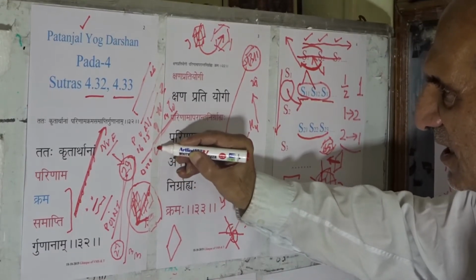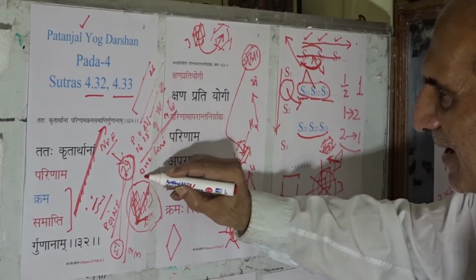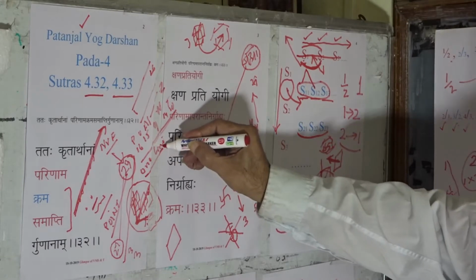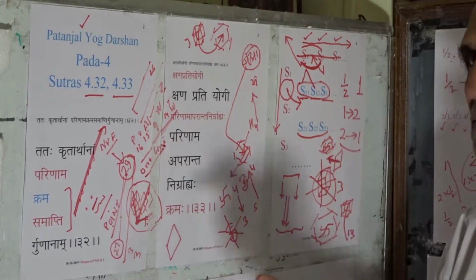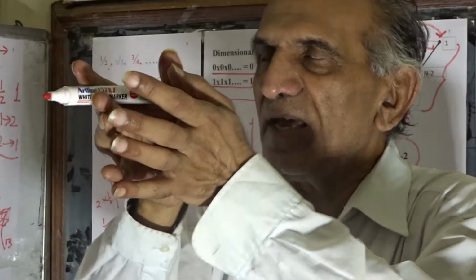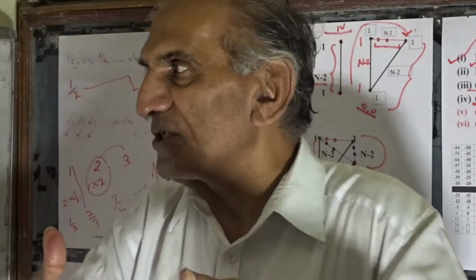See, one line has an NVF value equal to a point. So a point is to be taken as a structured point.